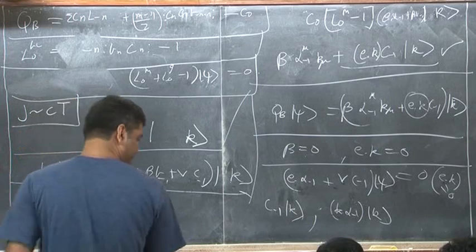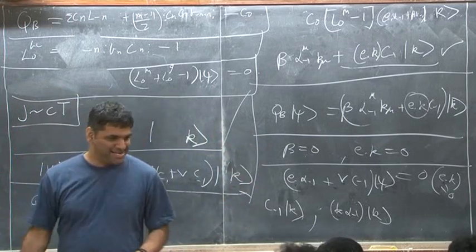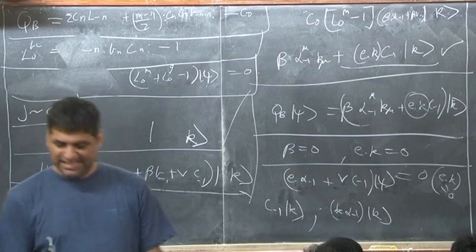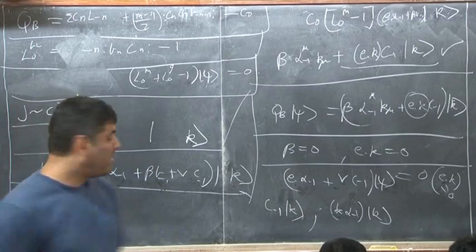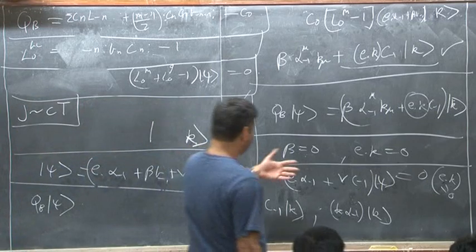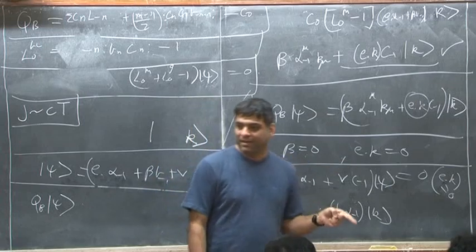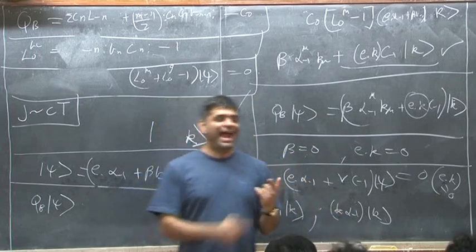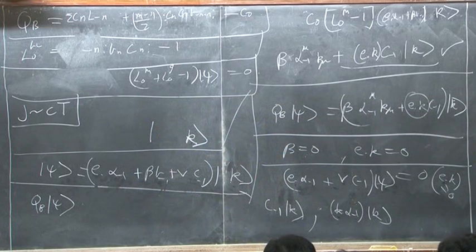Is this clear? So, the polarizations orthogonal to K are physical, and any change in polarization proportional to K is trivial.